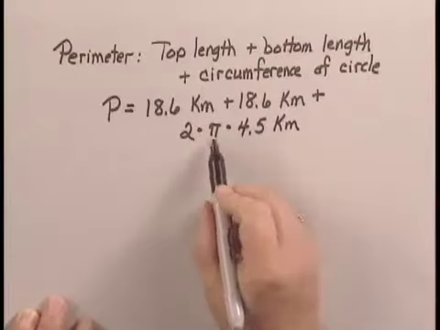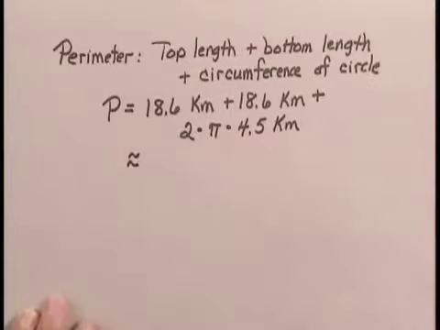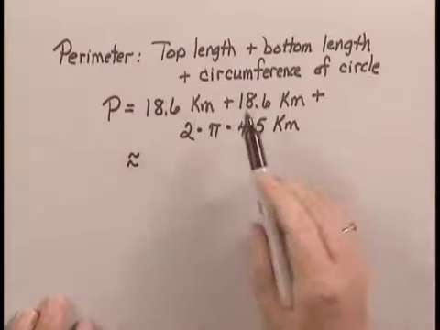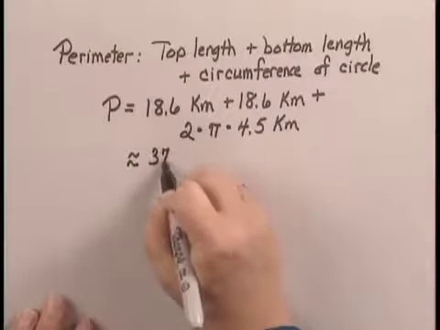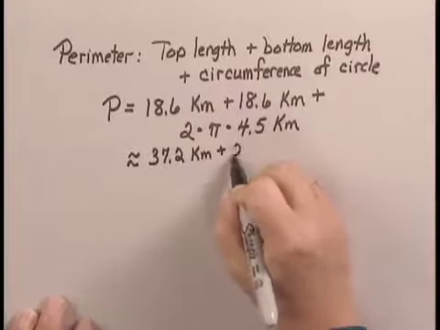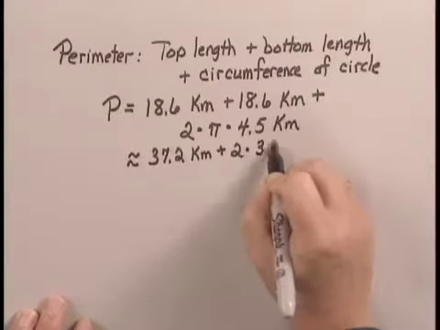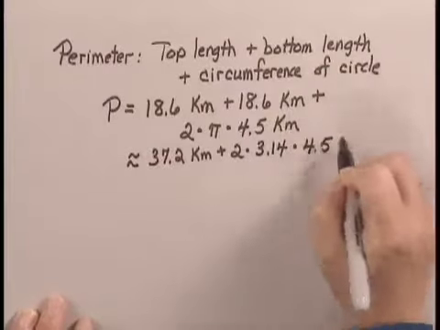In this step, I'm going to substitute 3.14 for pi, so I use an approximation sign. And 18.6 plus 18.6 is 37.2. So I have 37.2 kilometers plus 2 times 3.14 times 4.5 kilometers.